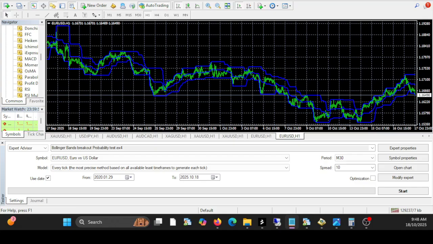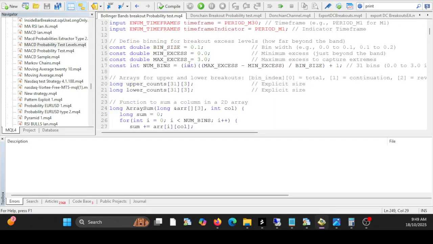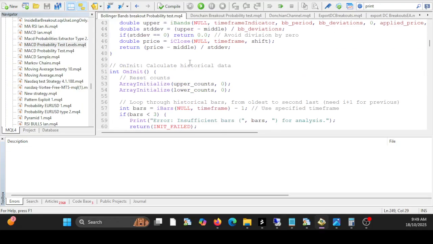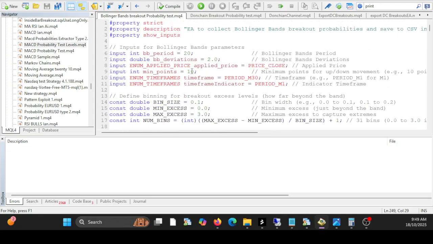Instead of guessing, I built a bot not to trade but to analyze. It checks when the prices cross the Bollinger Bands and logs whether it reverses, continues, or does nothing. So this is the code, just an EA or a trading bot, but it doesn't trade.